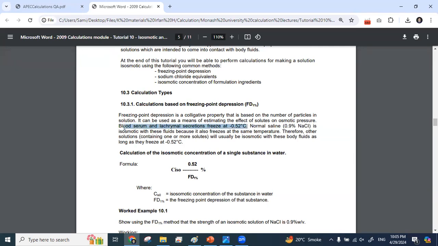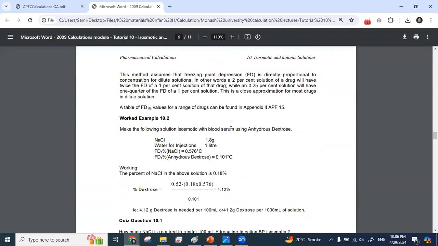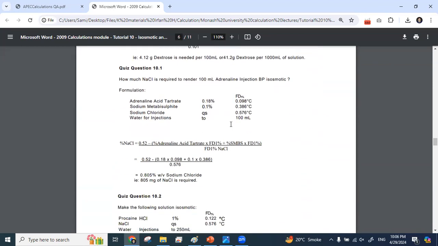And in this way, we relate this temperature to other ingredients. For example, the normal saline NaCl is isotonic with these fluids. It also freezes at the same temperature. So we will be using other ingredients in relation to their freezing points. Just keep this in mind, and we'll see it in examples also.